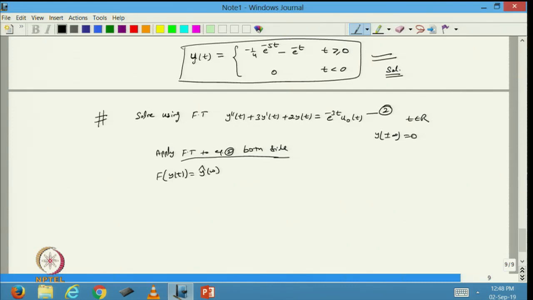So, from here I can write directly that this will be equal to i omega square plus 3 i omega y hat omega plus 2 y hat omega is equal to 1 over 3 plus i omega.